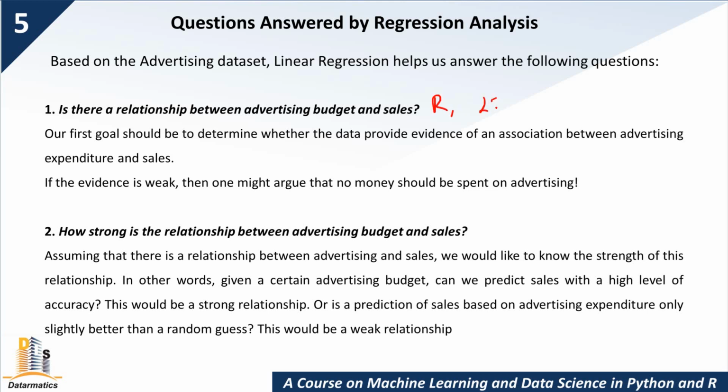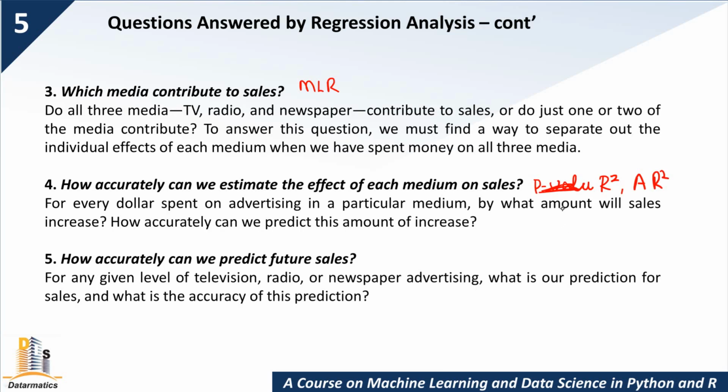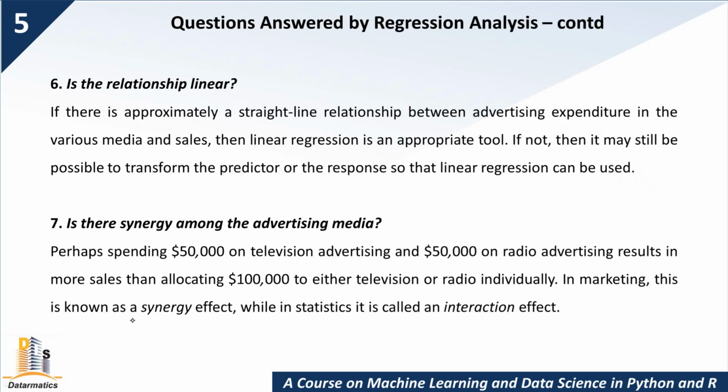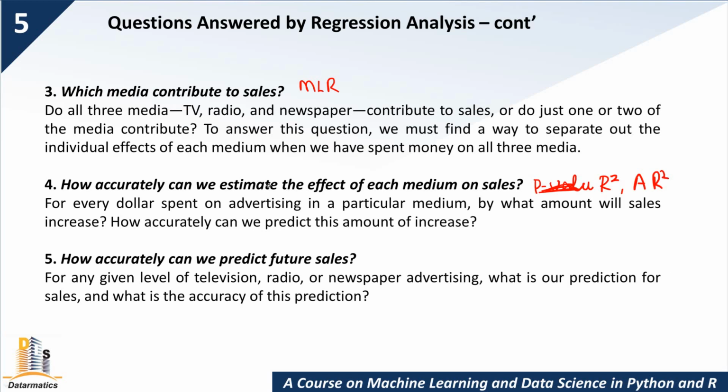So we are talking about least squares regression. How strong is the relationship? Now we are talking about the regression coefficients, and maybe the r squared also. So how accurately, here we now have the p-value.